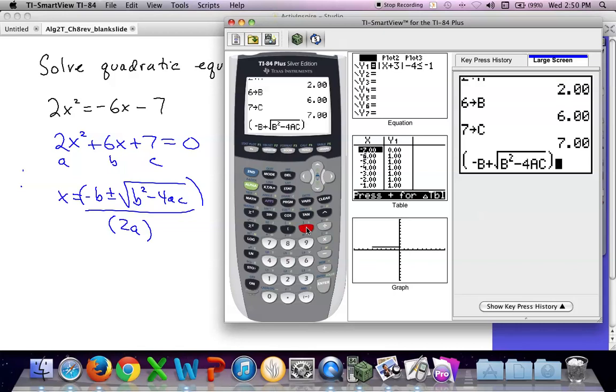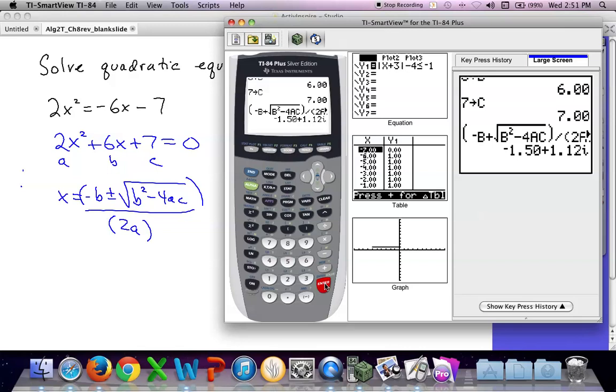Now you can go divided by parenthesis 2 alpha a. If you don't do the parentheses, it will divide by 2 and multiply times a. You want to divide by 2a. All right, now when I hit enter, it's going to do the quadratic formula using the values of a, b, and c, and it gives me an answer: negative 1.5 plus 1.12i.